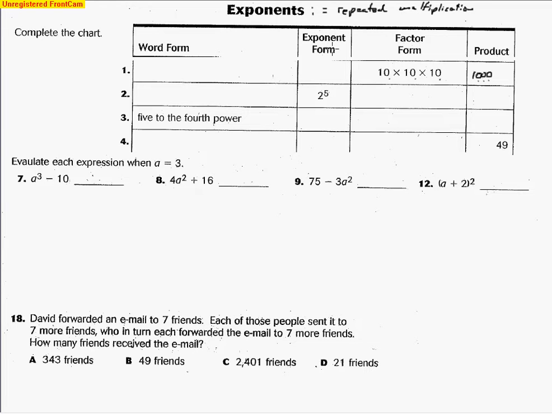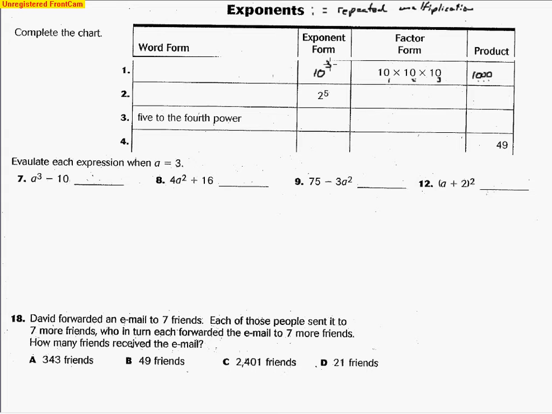So the exponential form here is the base, which is the number that we're dealing with, in this case 10, and we count up the number of times we're multiplying it. Here we have 1, 2, 3, so we've got 3 tens being multiplied. To write that in exponential form, we write it as 10 to the third power. This exponent of 3 doesn't mean that we're going to multiply 3 times 10 to get 30.